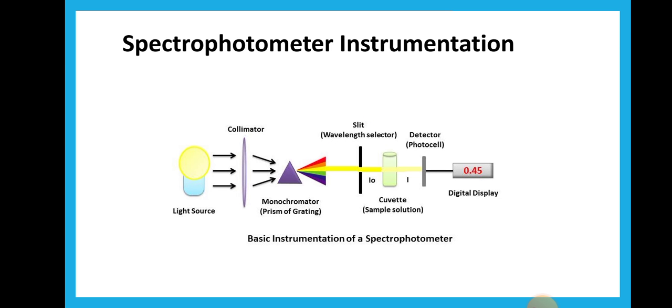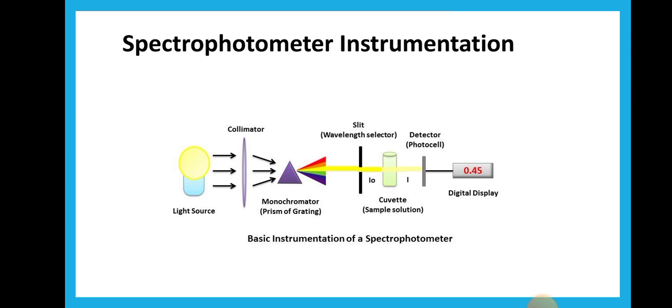Spectrophotometer instrument. In the basic instrument, the lamp provides the source of light. The beam of light strikes the diffraction grating, which works like a prism and separates the light into its component wavelengths.